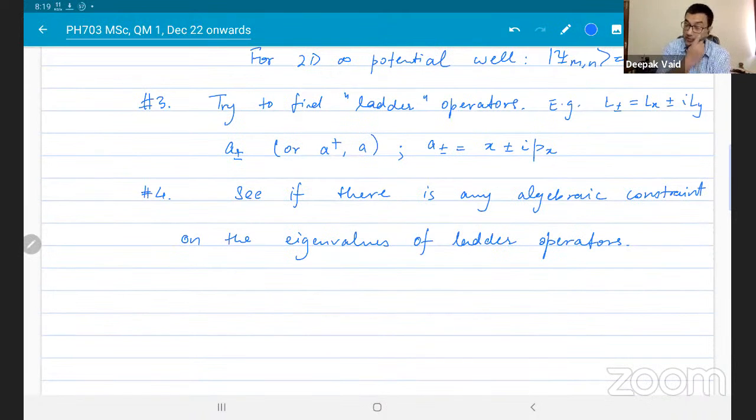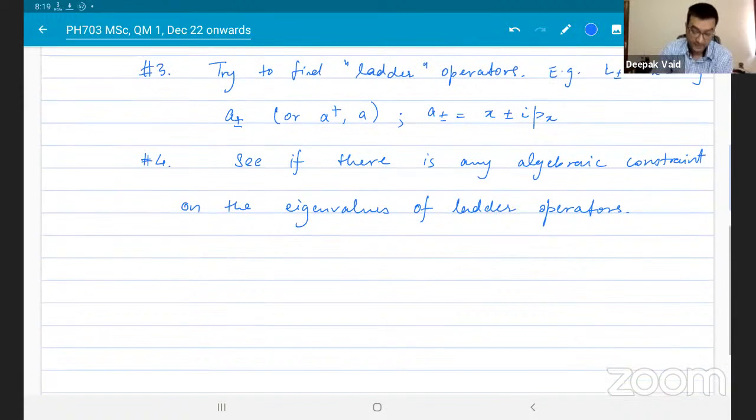But if you look in angular momentum, right, there you have to use L square and Lz as a set of commuting operators. And then you have a limit on the maximum and minimum eigenvalues of Lz, which is set by the fact that the expectation value of L square minus Lz square is always greater than or equal to 0.